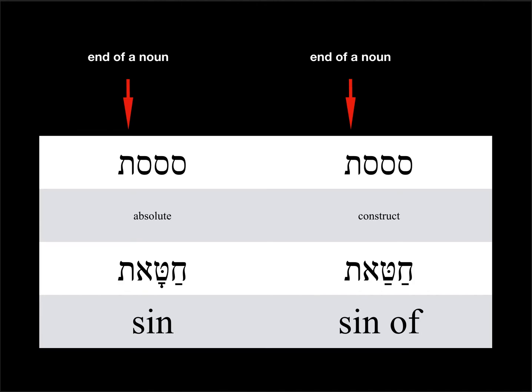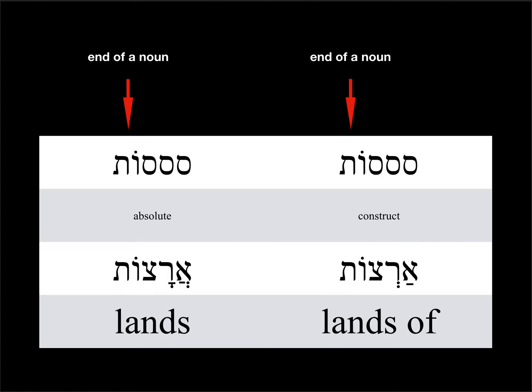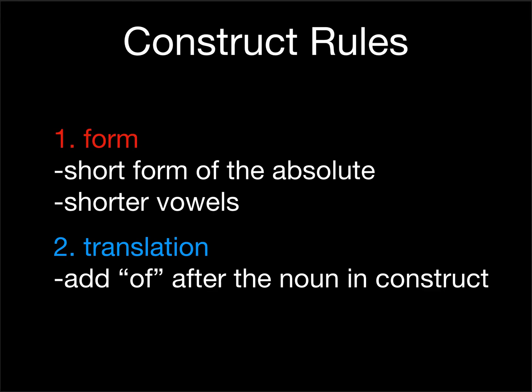In the absolute sin becomes sin of. Gods in the absolute become gods of. We are always adding the of. Finally, lands in the absolute become lands of. Therefore, again, in translation, just add of right after the noun that is in construct.